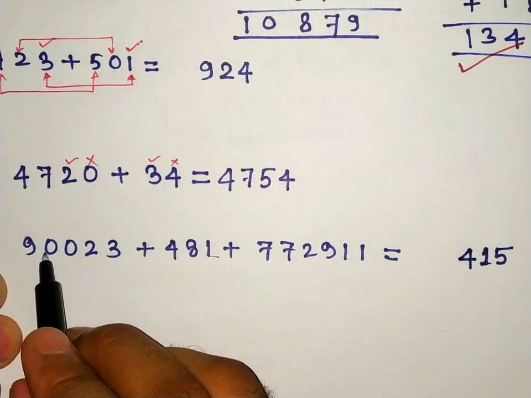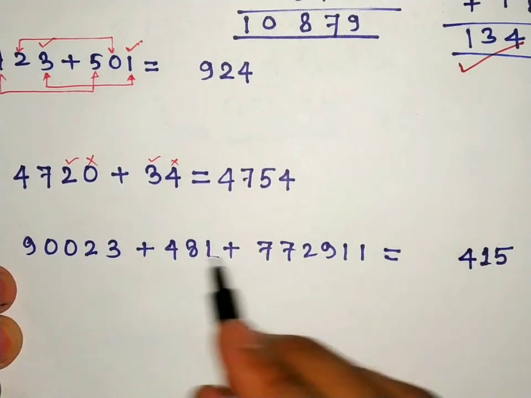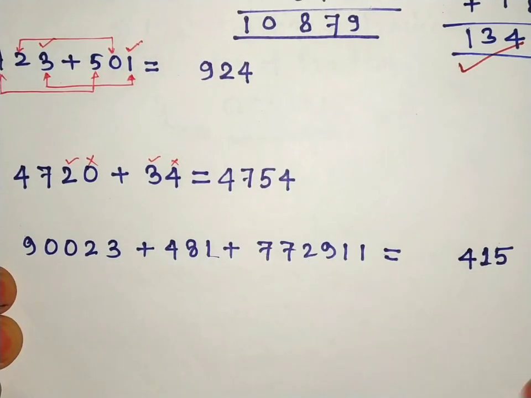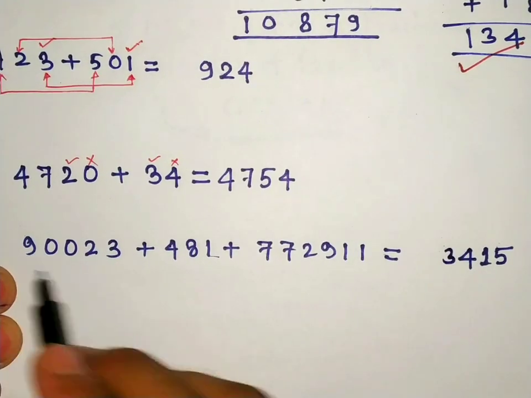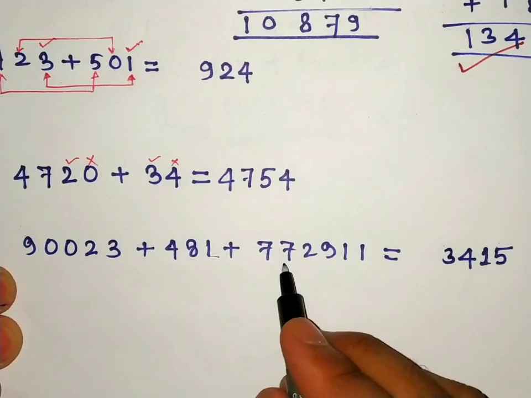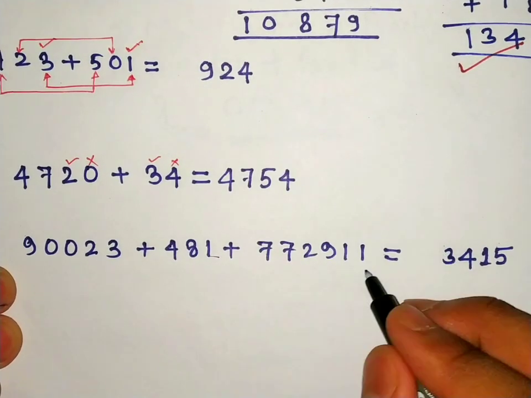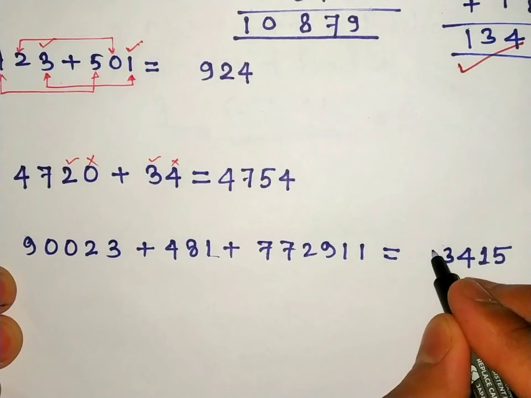The fourth digit is 0, there is no fourth digit in the next number, and here the fourth digit is 2. 0 plus 2 will be 2, plus 1 carry is 3. 3 is 3. The fifth digits are 9, then none, and 7. 9 plus 7 will be 16. 16, so here is 6.